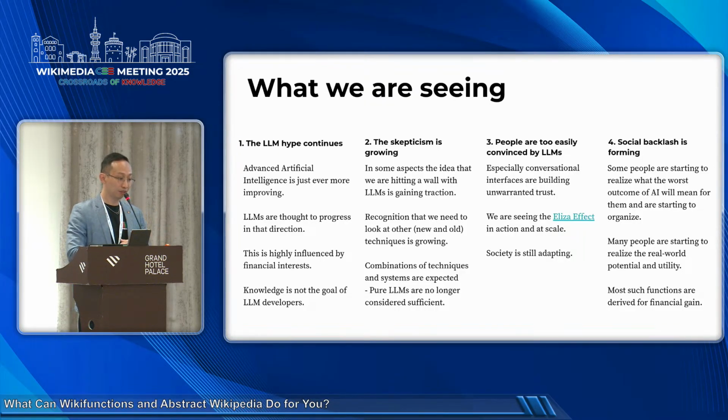LLMs are thought to progress in that direction, and this is highly influenced by financial interests. This is where most of the venture capitalists are putting the money into, to startup companies or even companies that are developing AI models. So knowledge is not part of the LLM developers, however, right?